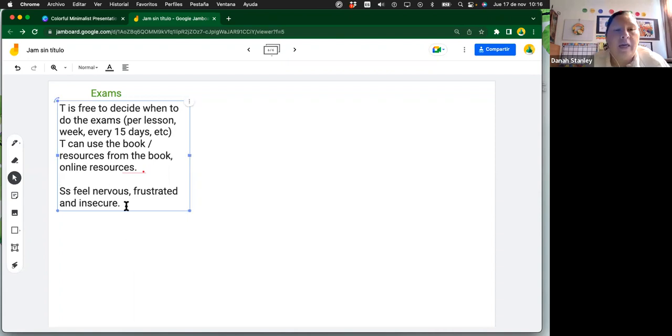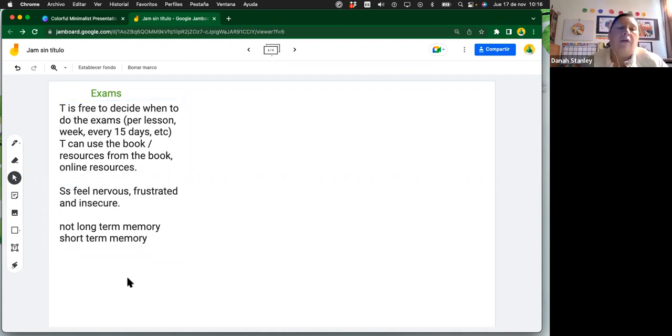So in this case, it's not long-term memory. It's just short-term memory. And this one is easily forgotten.